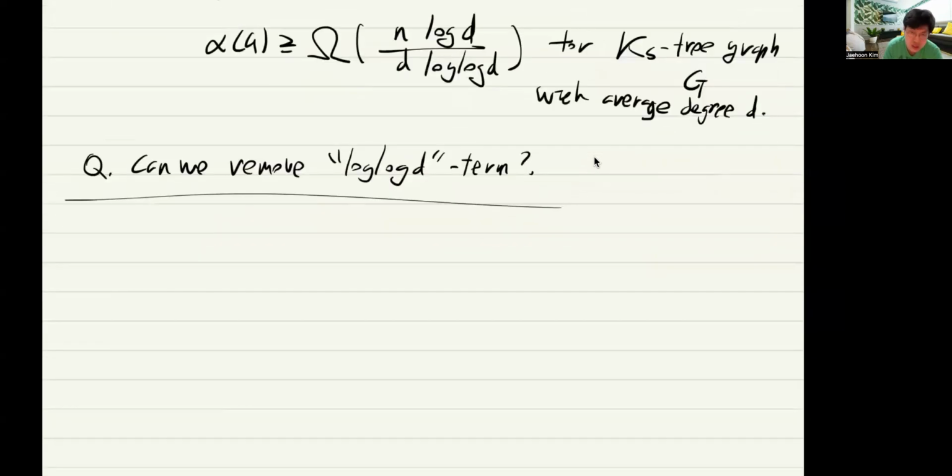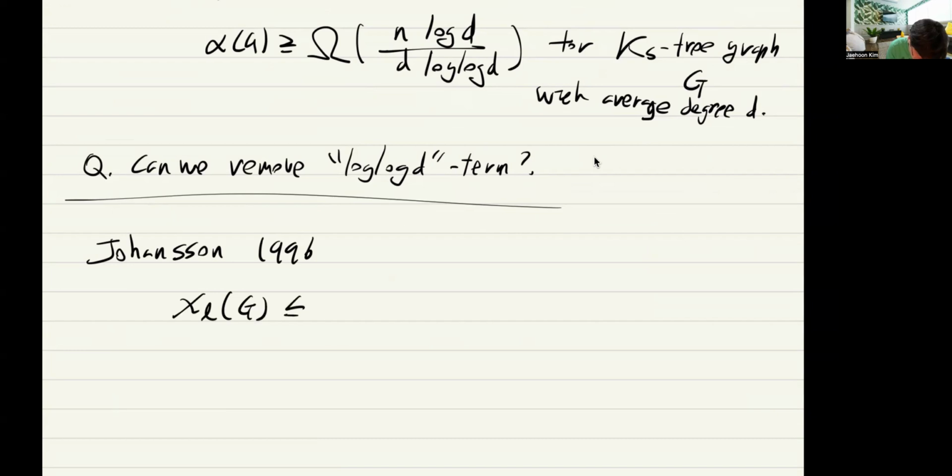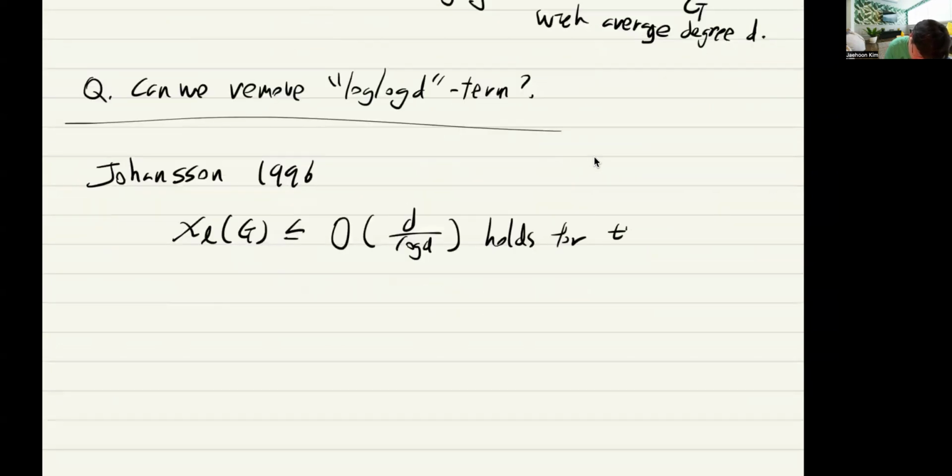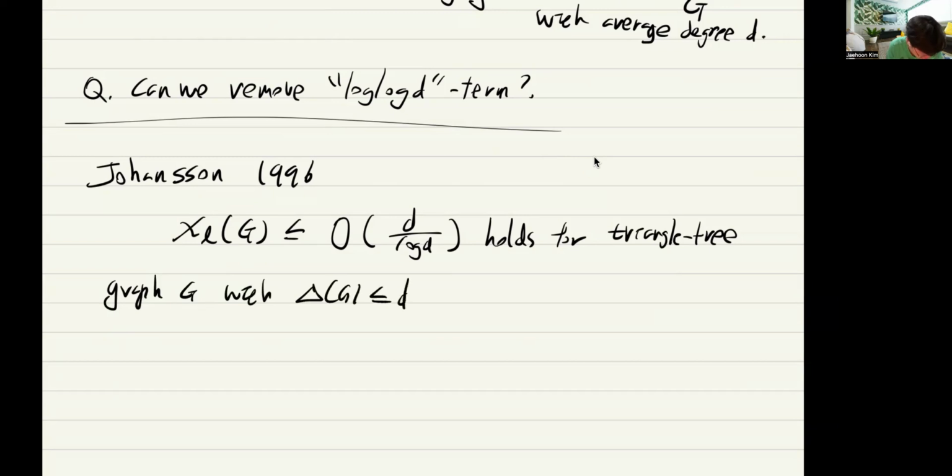And instead of just considering an independent set, what could be done is you could consider the chromatic number. Johansson in 1996 further proved that the chromatic number is at most d over log d, which holds for, say, a triangle free graph G with maximum degree at most d.